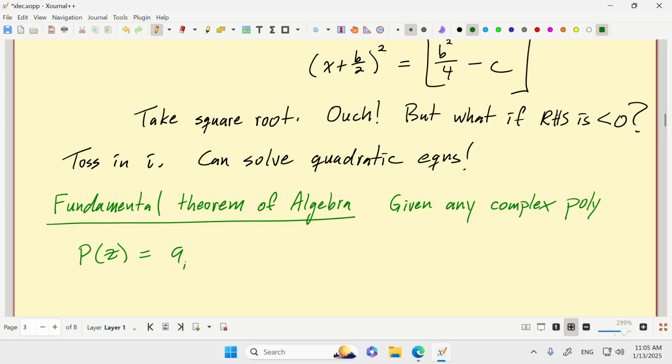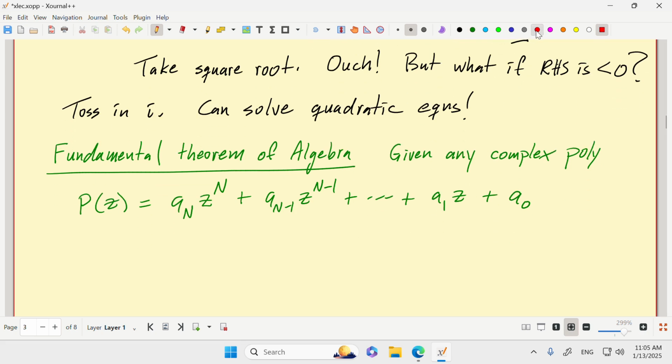I'll have a first coefficient, a_n, that's a complex number, times z to the n, plus another complex number times z to the n minus 1, plus dot, dot, dot, plus a1 times z, plus a constant term, a naught.